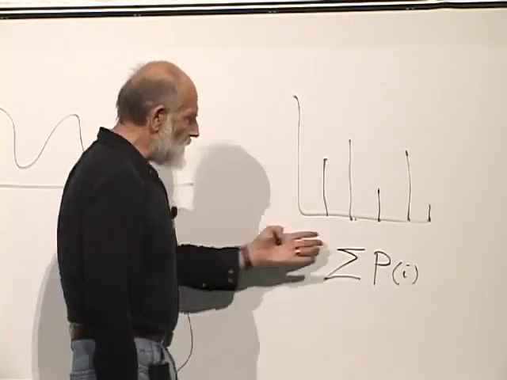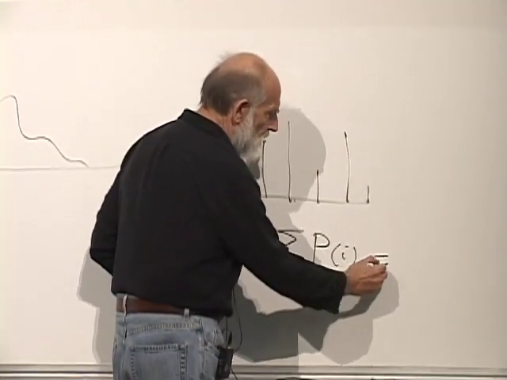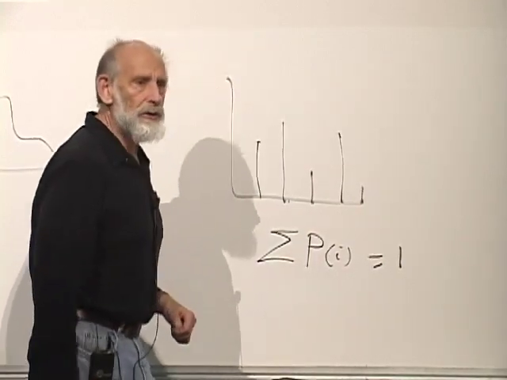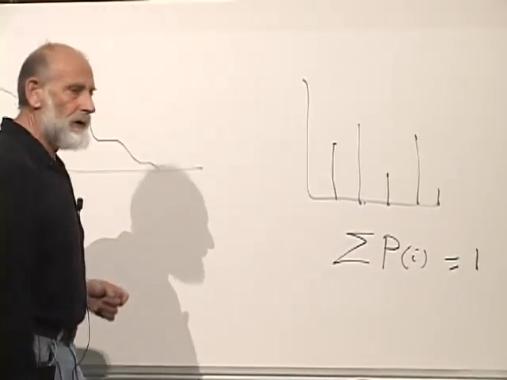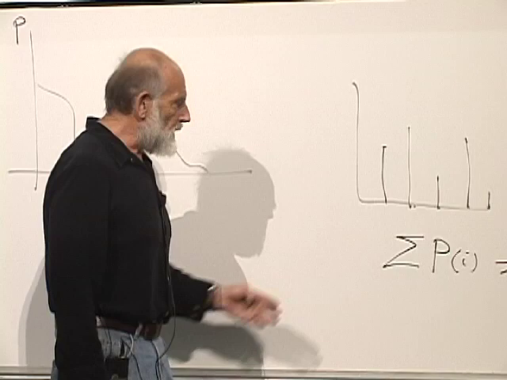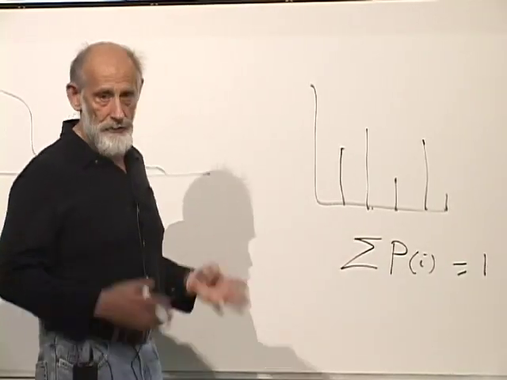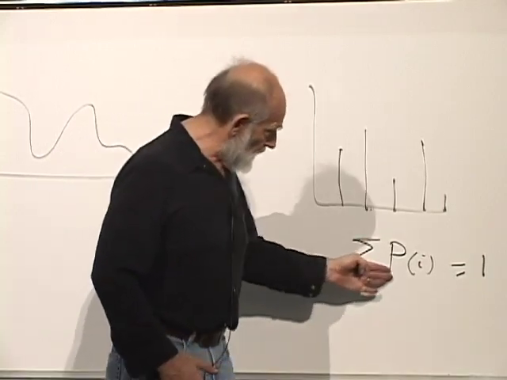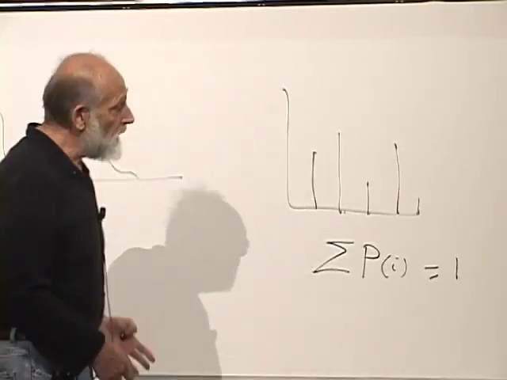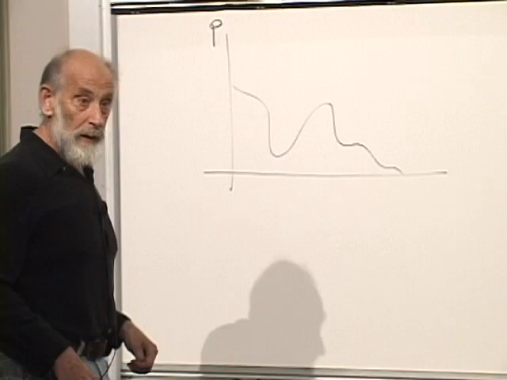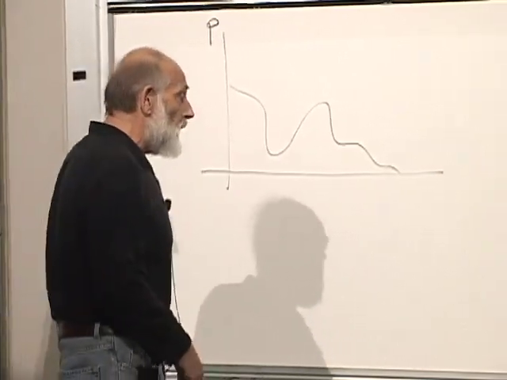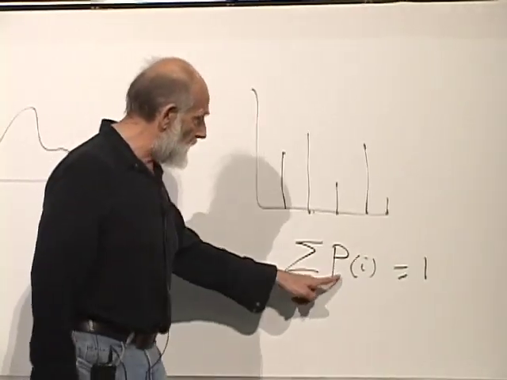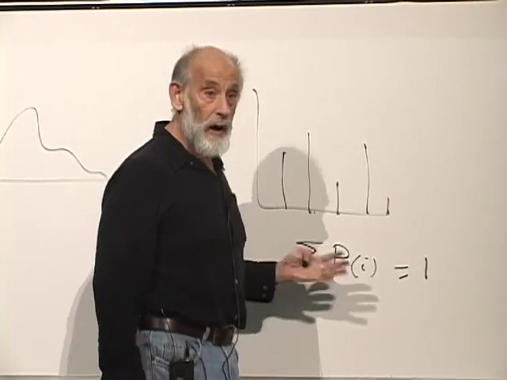The sum of P sub i is equal to 1. So a bunch of positive things whose sum is 1. Clearly, each one of the p's has to be less than or equal to 1. If the sum of positive things adds up to 1, each one must be less than or equal to 1. The only way any one of them can be equal to 1 is if all the others are 0.